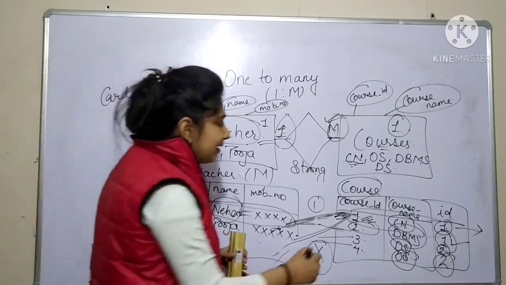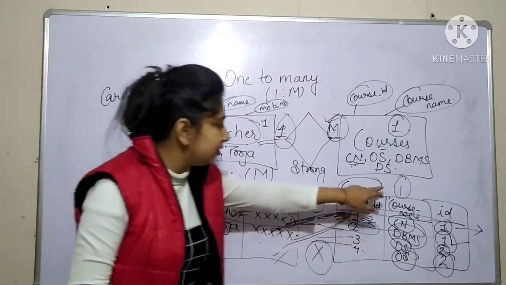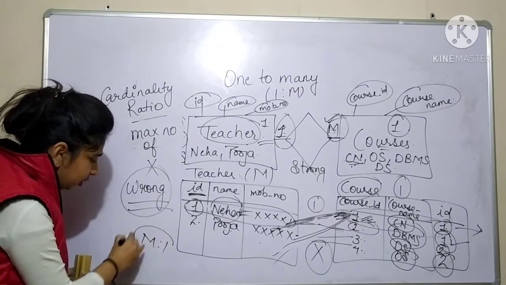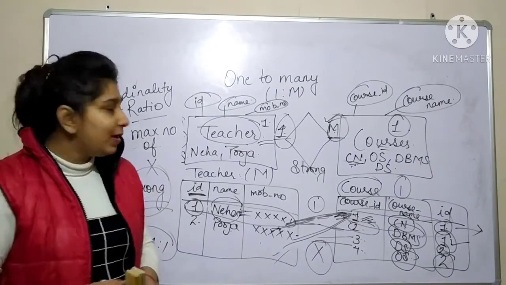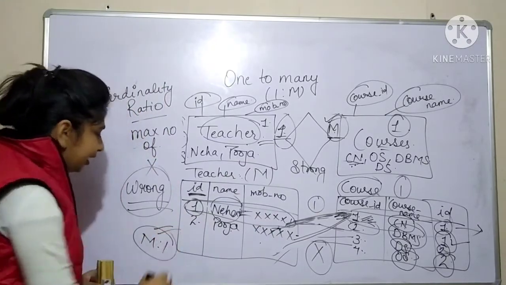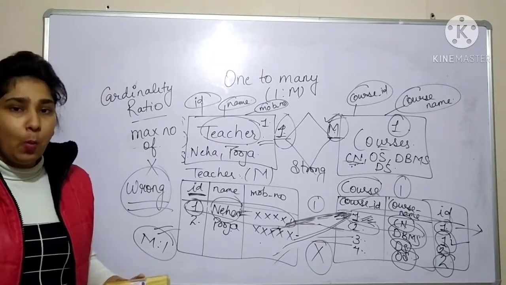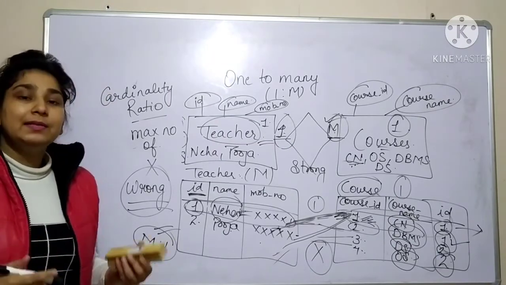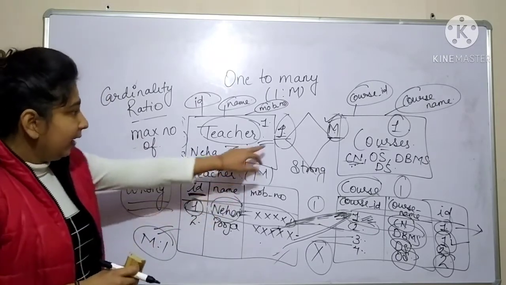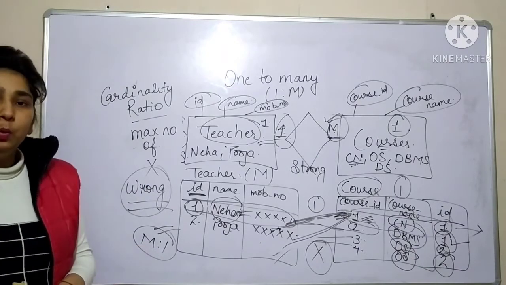So what is the cardinality ratio? From this side it is 1. If you have a one-to-many relationship, then the cardinality ratio is going to be M ratio 1. For 1 to M, the cardinality ratio is M to 1.